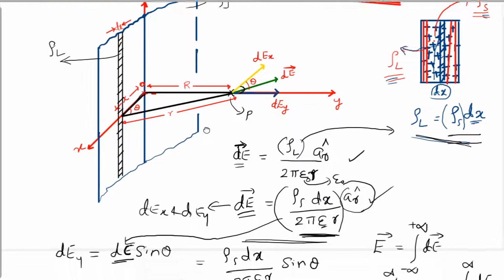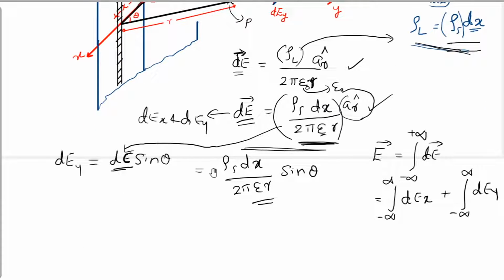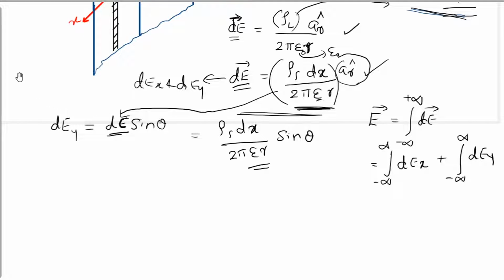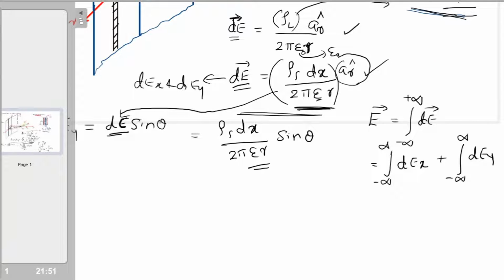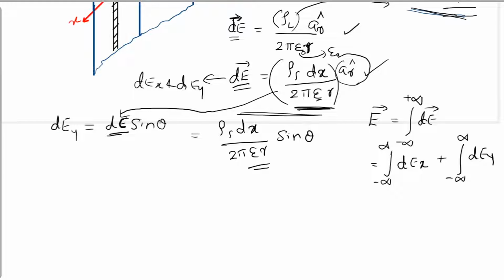So my dE will be just dEy. Is that okay? So this means this component goes to 0. So now I have my E vector as integral from minus infinity to infinity dEy only.